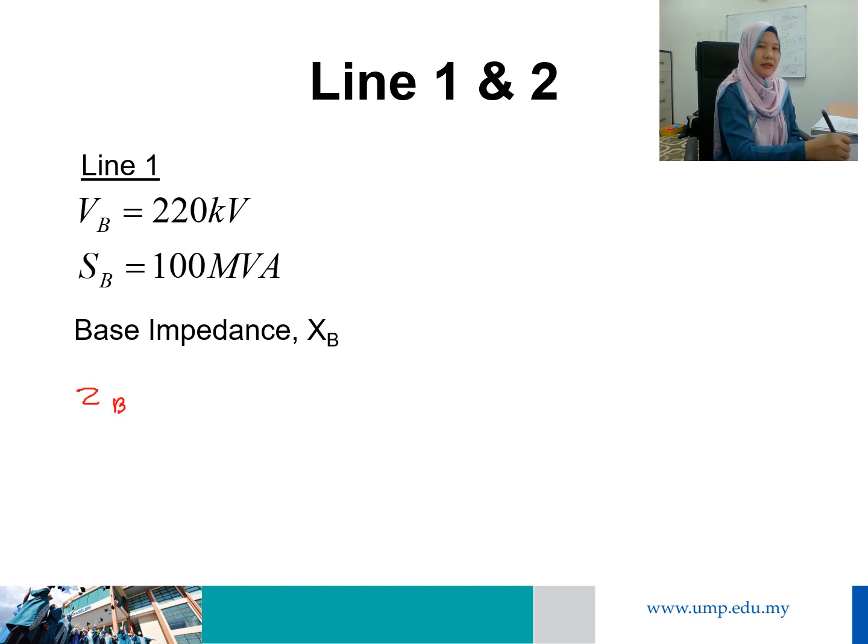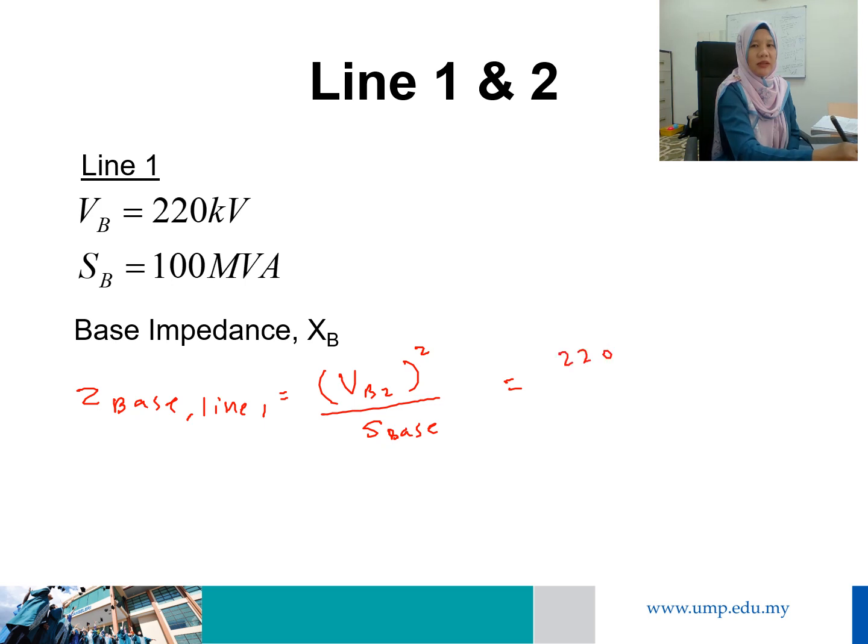So, Z base for line 1 is equal to V base for region number 2, because the transmission line 1 is located at region number 2, squared, divided by S base. So at region number 2, the voltage base is 220 kV squared divided by 100 MVA, and thus we get 484 ohm.